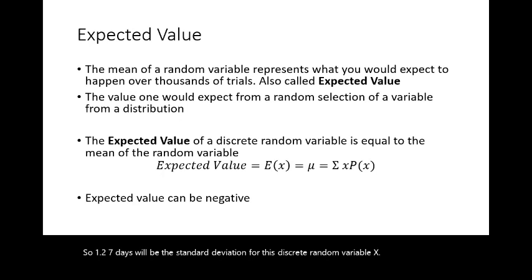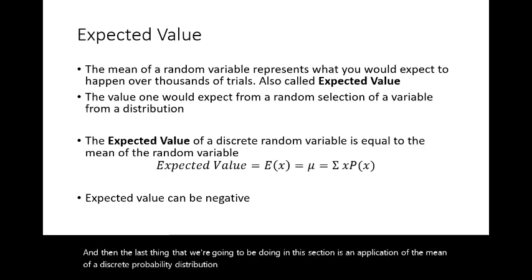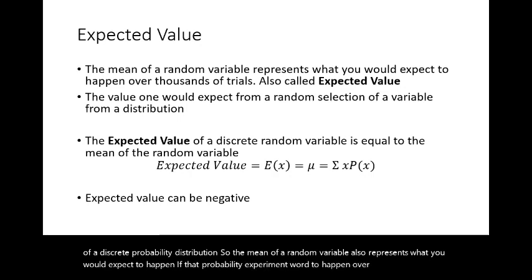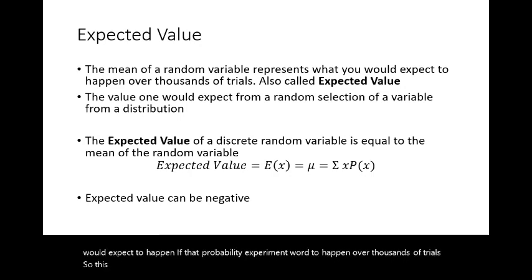And then the last thing that we're going to be doing in this section is an application of the mean of a discrete probability distribution. So the mean of a random variable also represents what you would expect to happen if that probability experiment were to happen over thousands of trials. So this is called expected value.